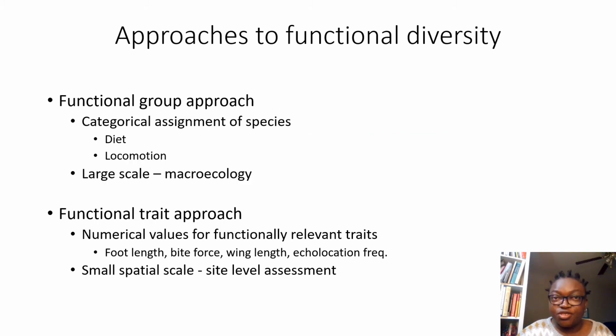So there are two approaches to quantifying functional diversity, and the first one looks at a functional group approach, where you basically assign species to categories, either based on diet, locomotion, or whatever functionally relevant behavior or pattern the species or groups use.